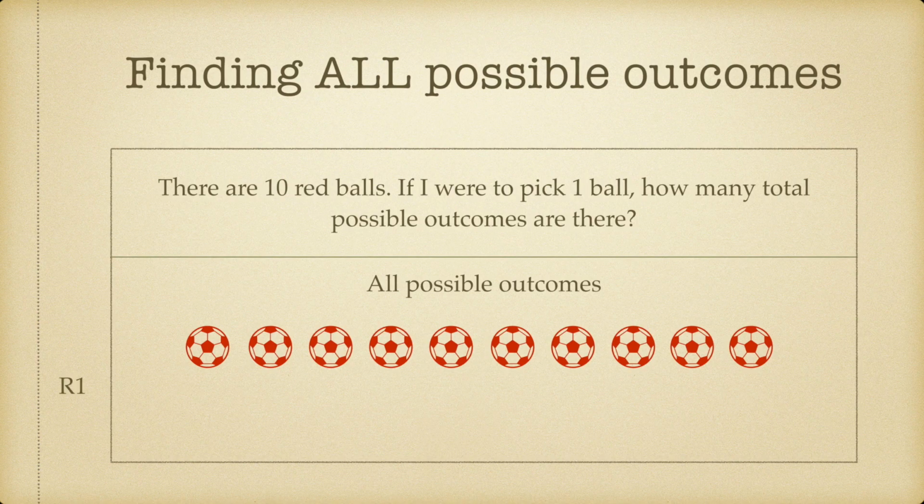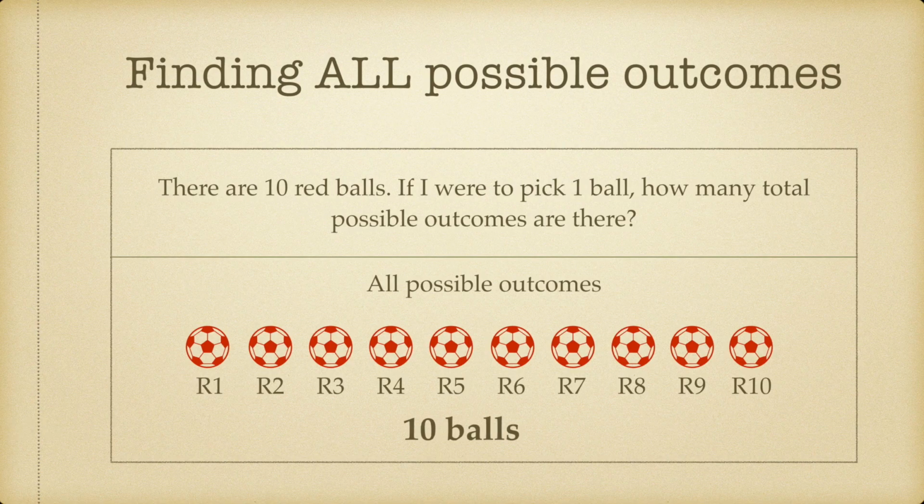If we were to name them again, we can say the balls are named R1, R2, R3, R4, R5, R6, R7, R8, R9, and R10. So there are 10 individual balls, and if I were to pick one ball, there are 10 different ways. So there are 10 potential outcomes here.